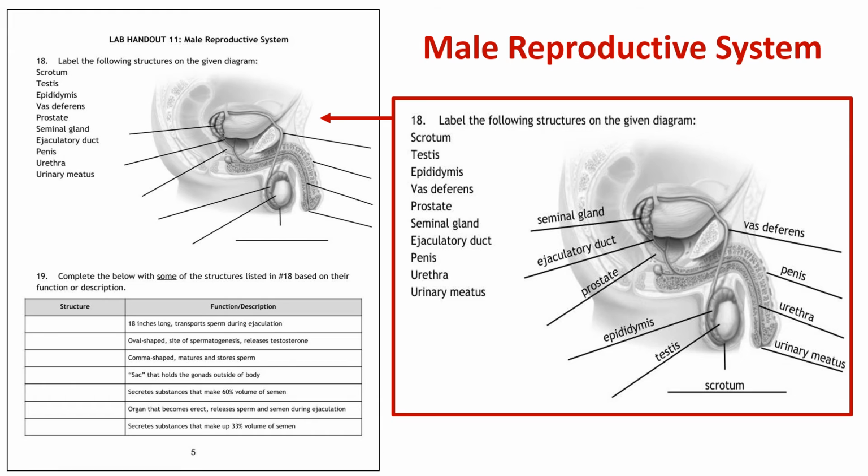Then we have testis. At the bottom, we have scrotum. Then on right to the top, we have vas deferens. Then we have penis. Then we have urethra. Then we have urinary meatus.